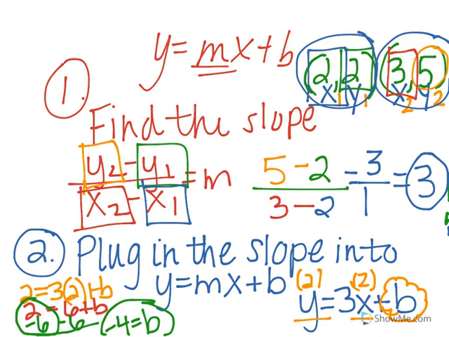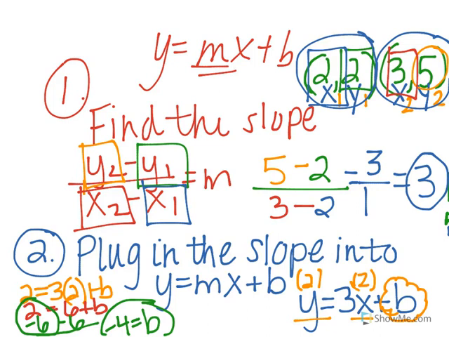And that's so exciting because all we needed was the m and the b, and now we can make an equation. I had some awesome questions that I need to answer about number 2.